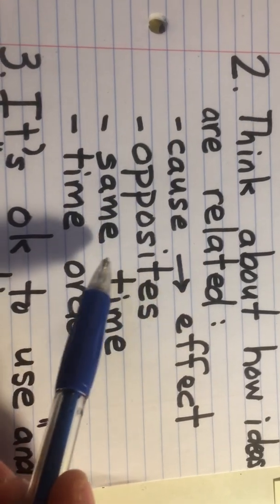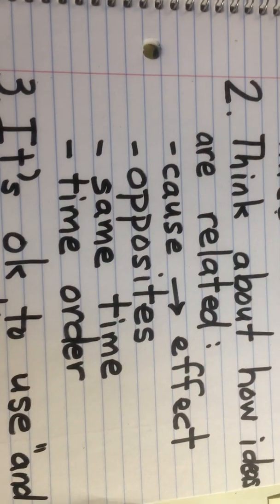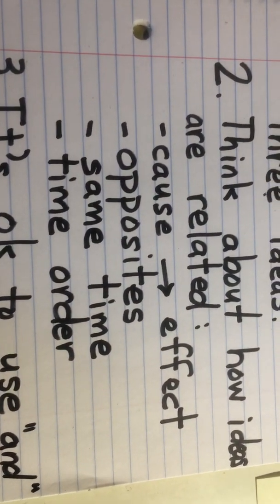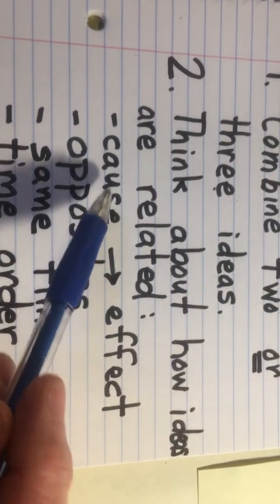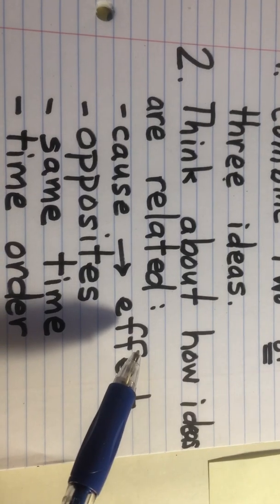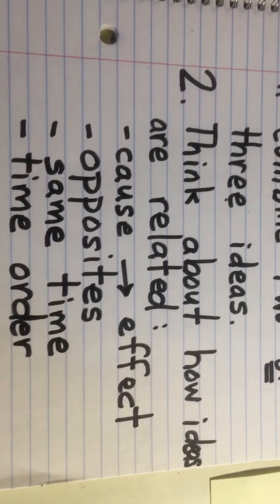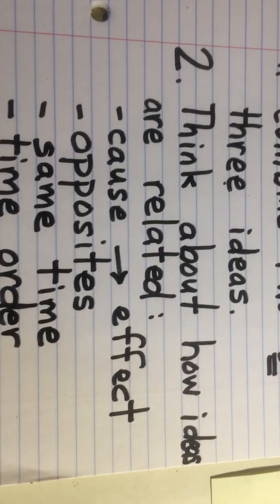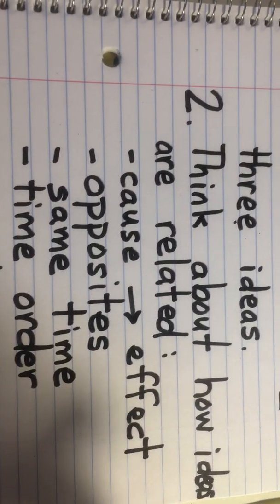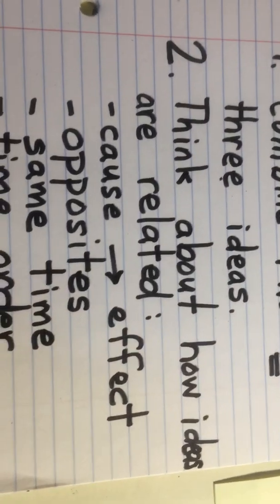These are some types of relationships between the sentences. Sometimes it will be a cause and effect relationship, where the thing in one sentence causes the thing in another sentence to happen.